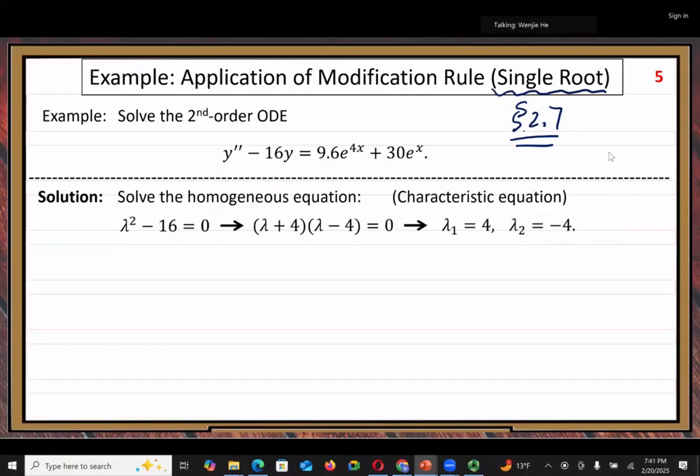Then, based on these, you can see e to the 4x matches the first root, but not the second. Now, when we use the modification rule, it's a single root. So what structure do you want to choose? Yes, x times. But you have a second term, right? Then you need to use the sum rule.